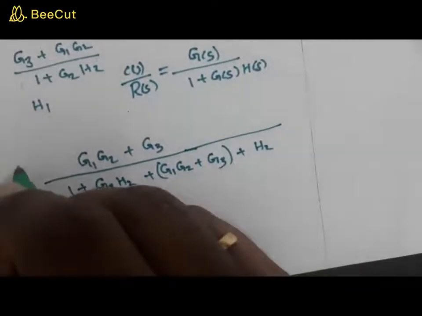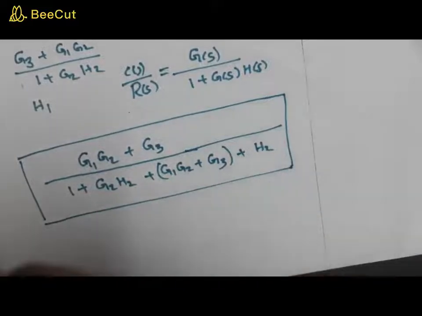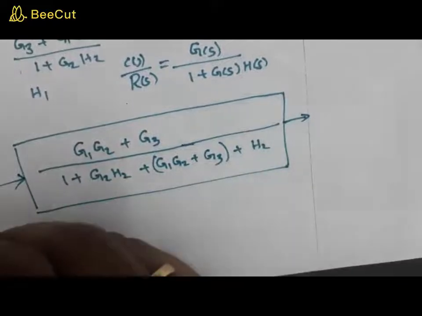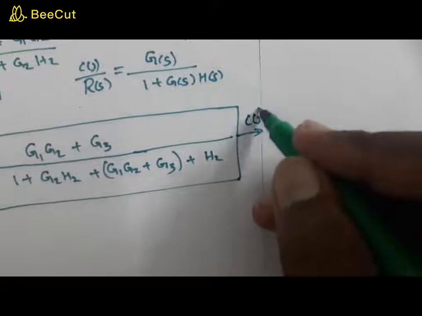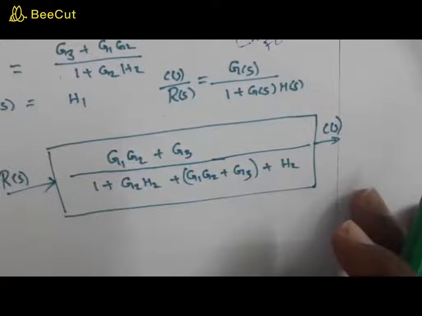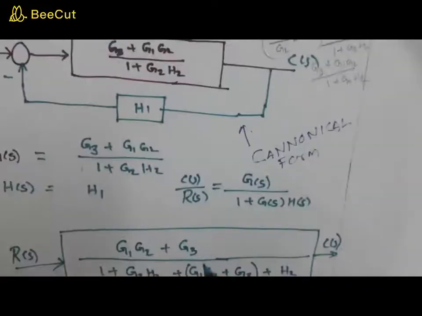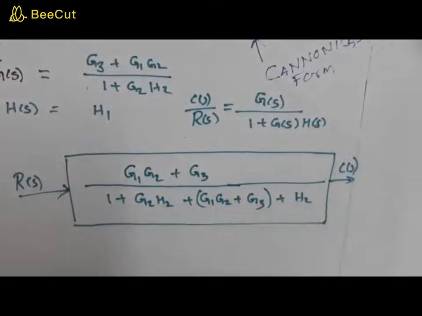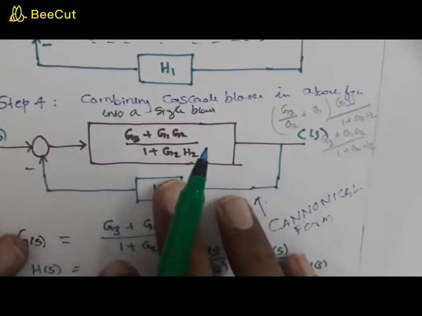So simplify in such a way that you get this, and this can be put into a single block. This is R(s) and this is C(s). So this is your block diagram. Hope you understood this. This is your transfer function, while the canonical form is this. This is just being represented as an open loop system, but it's not an open loop system. This is a closed loop system.